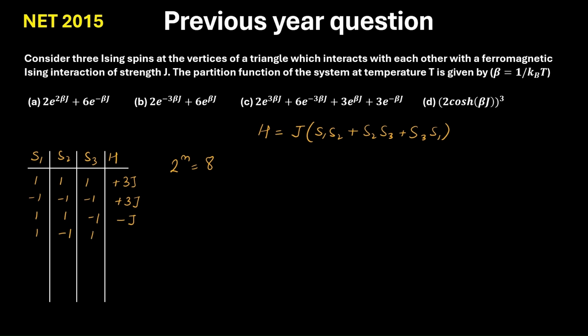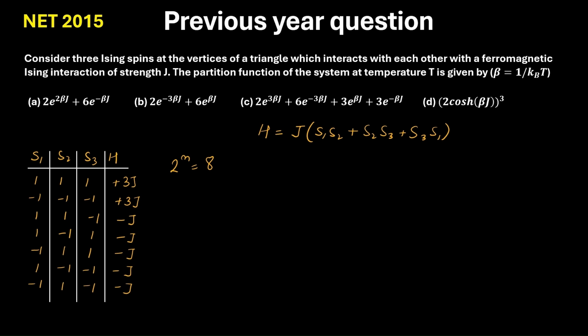This will also give minus J. Then you'll have minus 1, 1, 1. This will also give minus J. Then we can have 1, minus 1, minus 1. This will also give minus J. And we can have minus 1, 1, minus 1. This will give minus J.